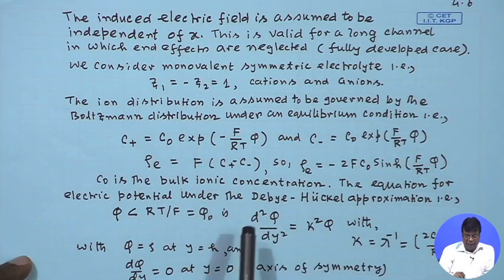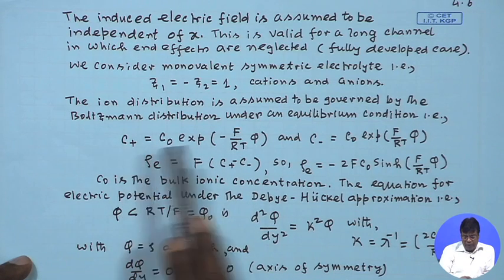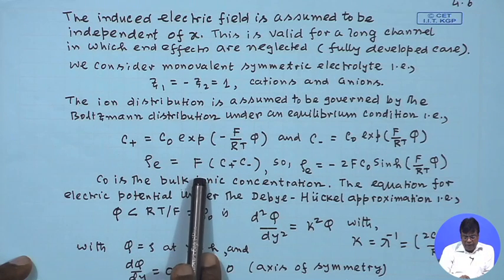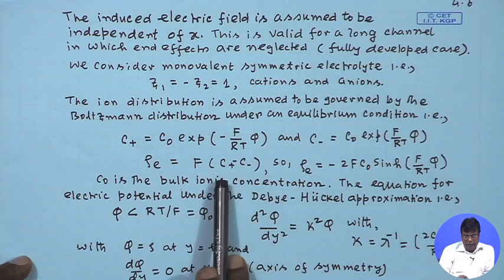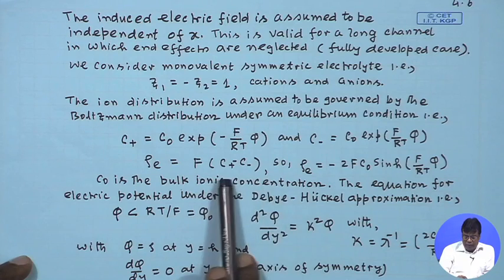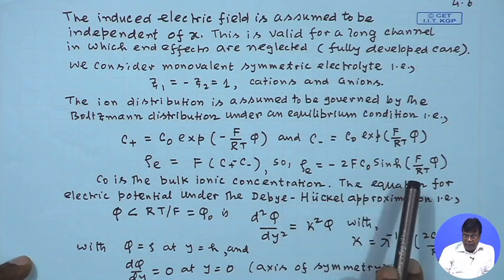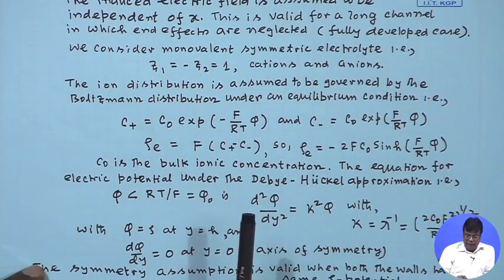Once I know the distribution of ions at any point, the charge density rho e is the Faraday constant times the net ion molar concentration. So rho e becomes 2 F C0 sinh(F phi by R T), where C0 is the bulk ionic concentration.